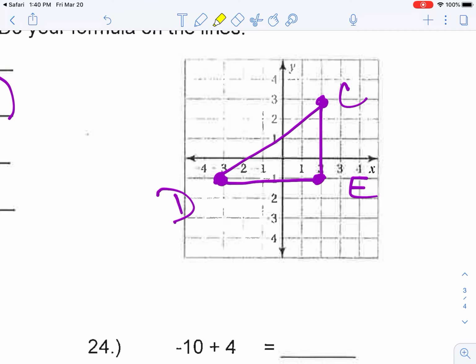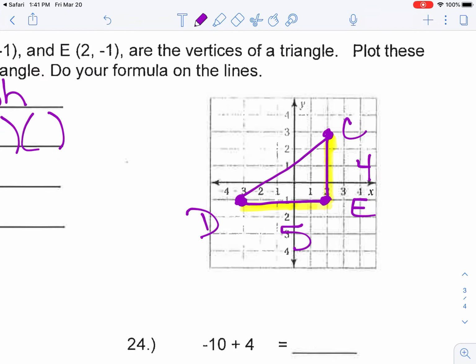The base, I'm going to go this way. It looks like the triangle has been rotated. It is 1, 2, 3, 4, is one of the dimensions, and one of them is 1, 2, 3, 4, 5. 5 units is the other dimension, okay?